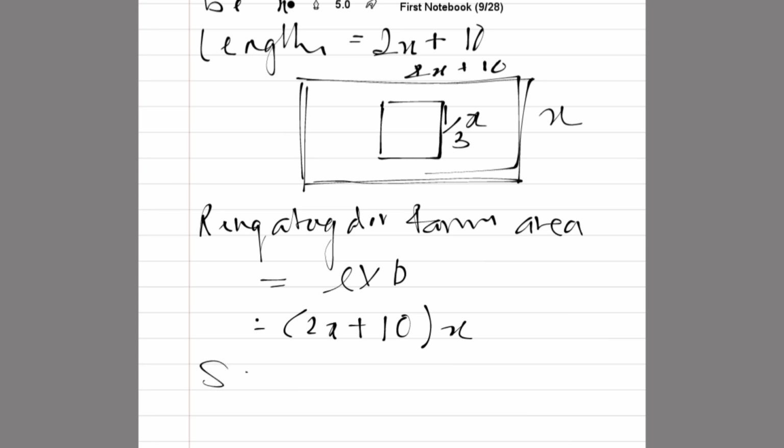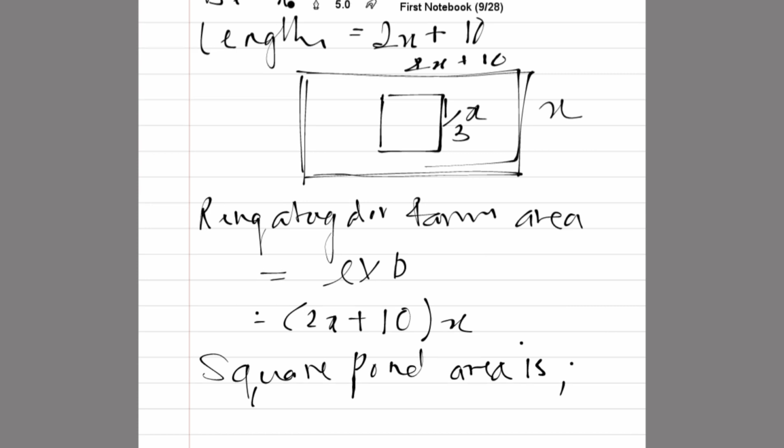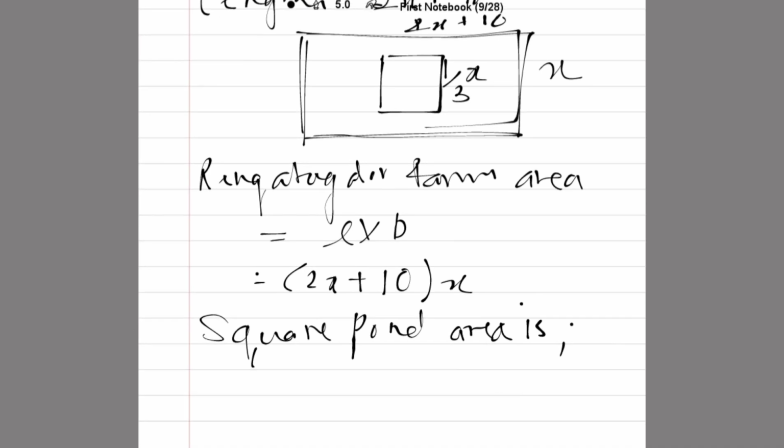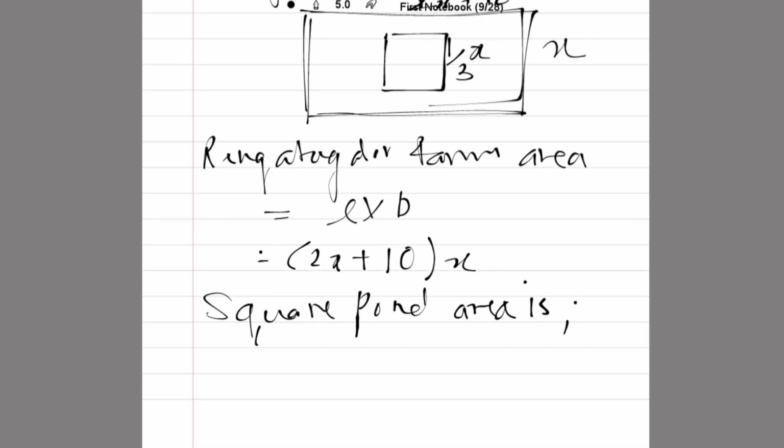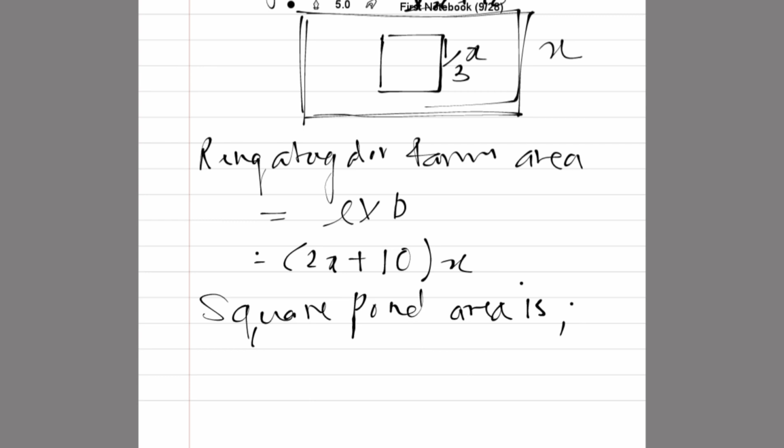Now we will find the square pond's area. What is the area of the square? The area of a square is side squared, right? I know it is a little confusing, but you may already know that. Now suppose we take the side of the square as a.